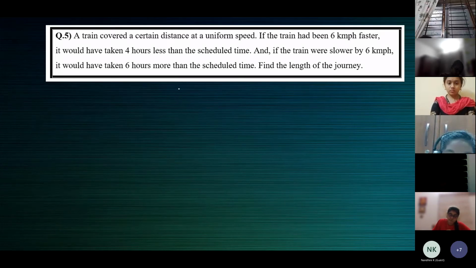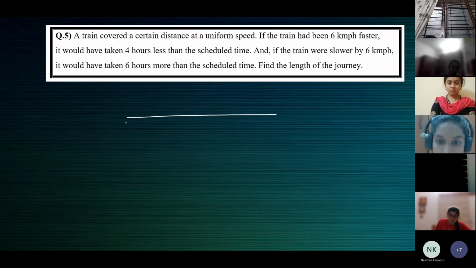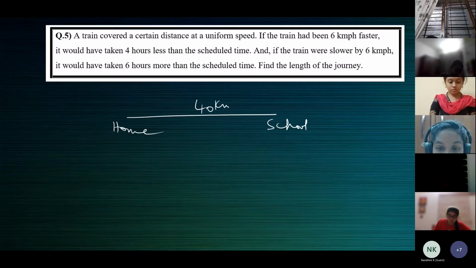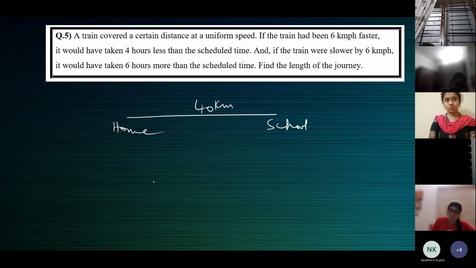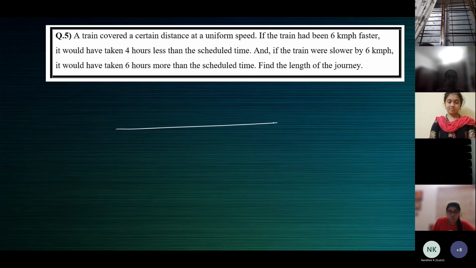See, supposing the distance between two places A and B is 40 kilometers.